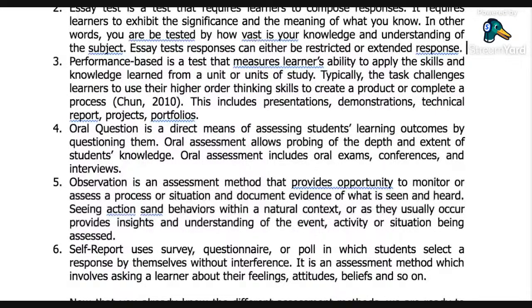Okay, you perform a task as a form of assessment. Okay, that's performance based, and this is mainly actually the focus of assessment in learning two, specifically module number 2 and the succeeding modules.